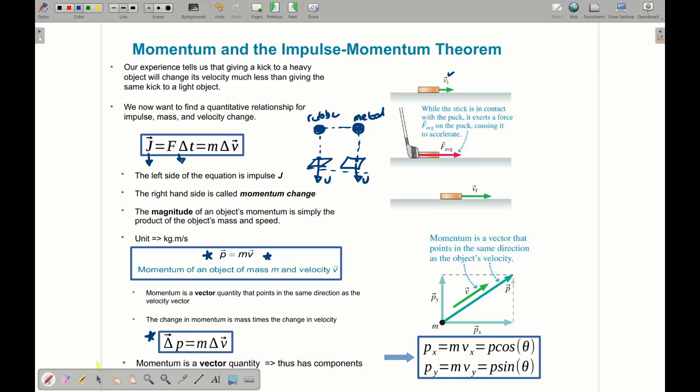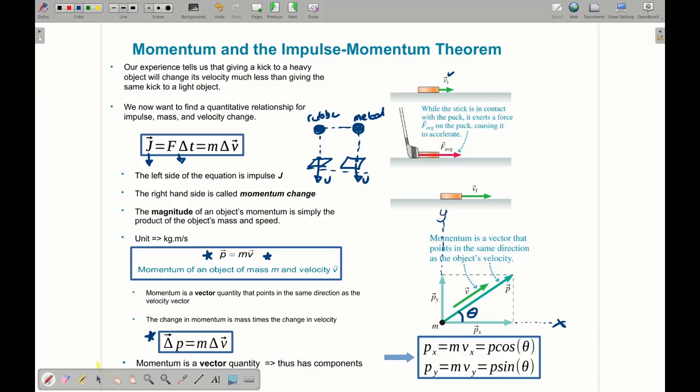Momentum being a vector, it could be along x, along y, or along any random direction. If that's the case, we can find its components the same way we were finding vector components. For example, if this angle is theta, remember we always look at the angle with respect to the horizontal axis, which we call x.